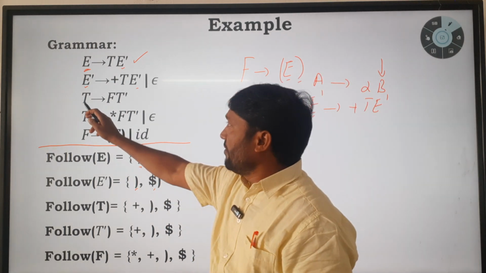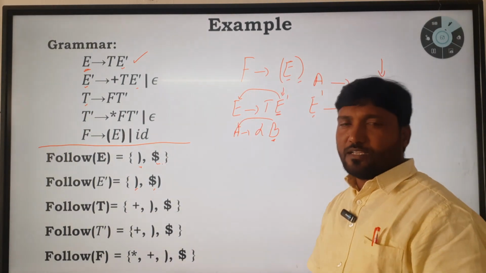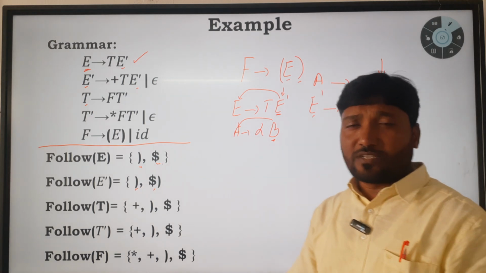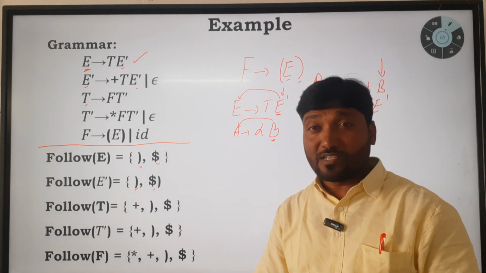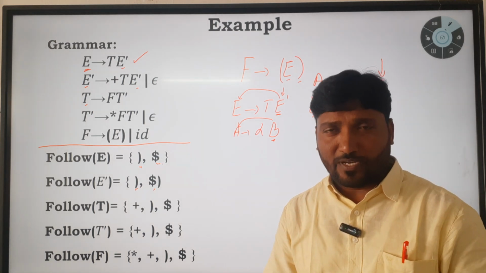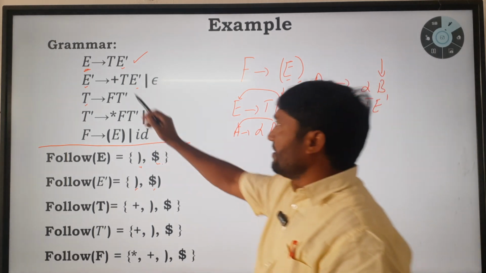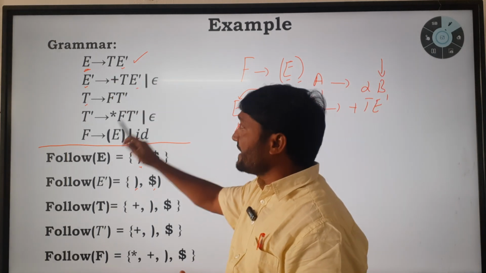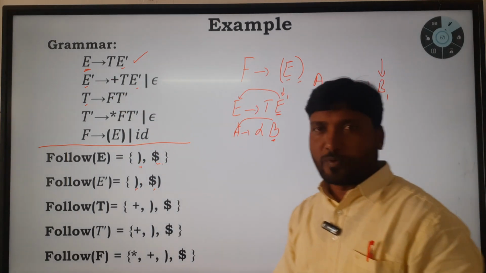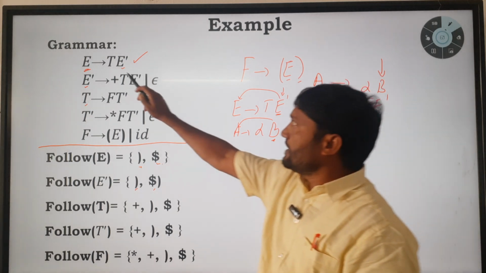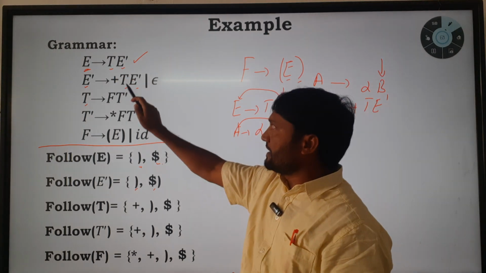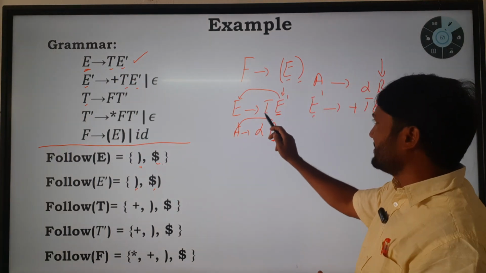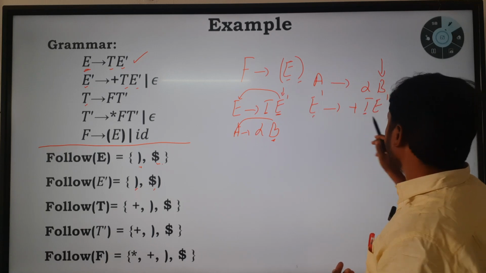Now what is the next one? T. We are going to calculate the follow function for T. What do we have to do initially while calculating the follow function? We have to search where the capital T is on the right hand side in the given set of productions. There is a T and there is a T in these two productions.